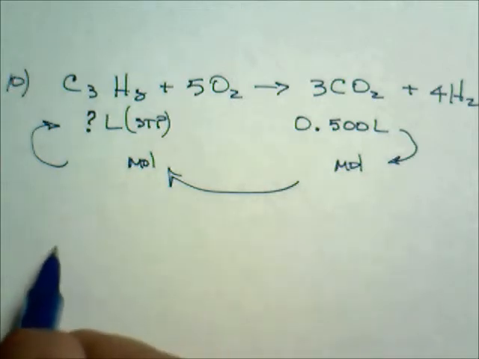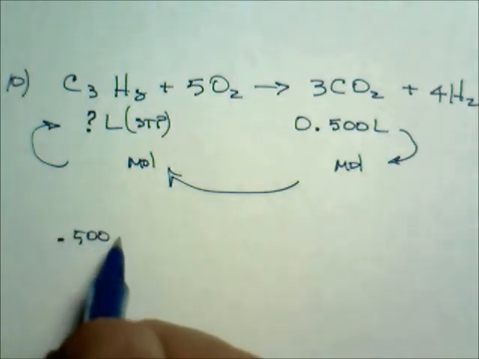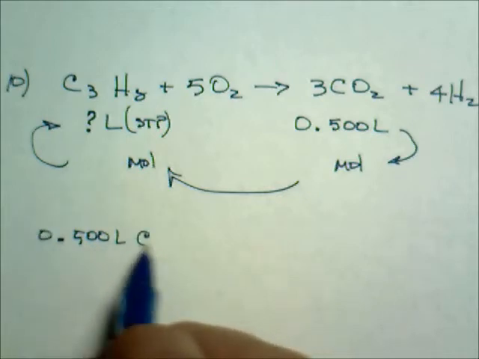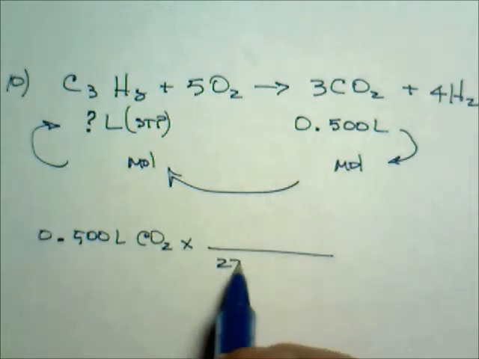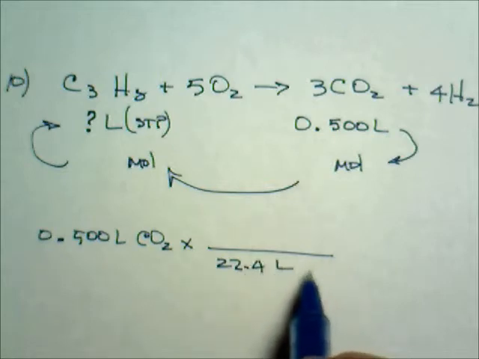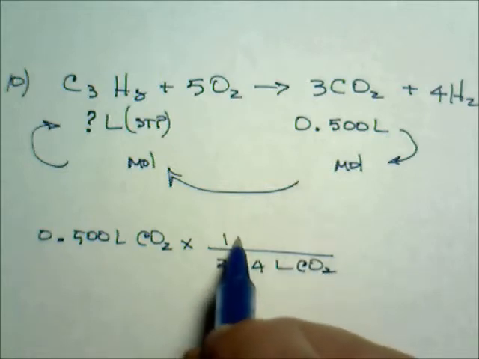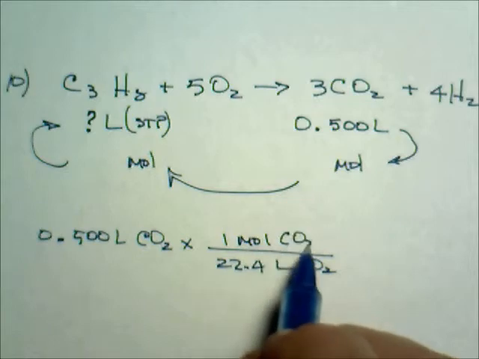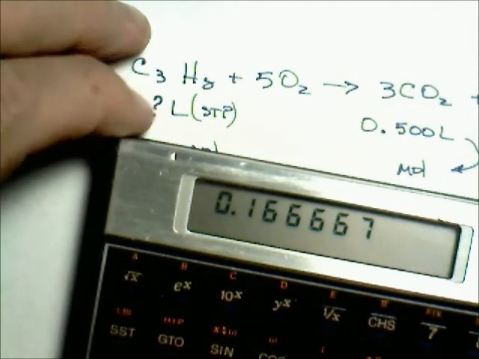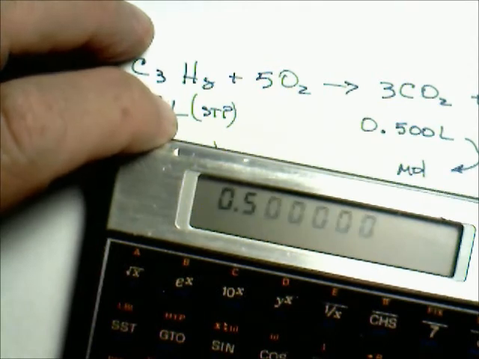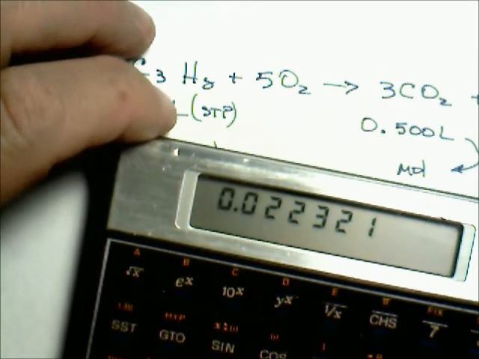So to convert 0.5 liters of carbon dioxide, we're going to multiply by 22.4 liters on the bottom, which of course is equal to 1 mole of carbon dioxide on top. So that's going to give me 0.5 divided by 22.4, which is 0.0223.